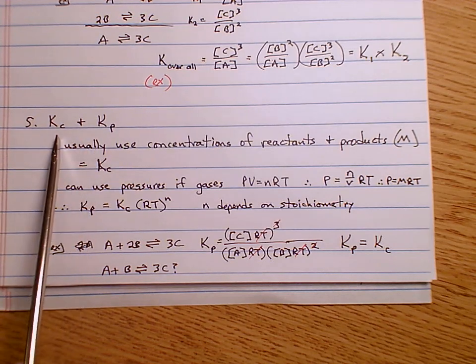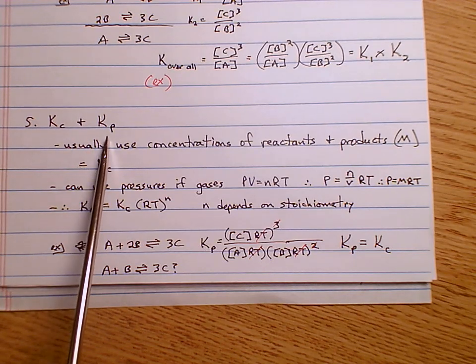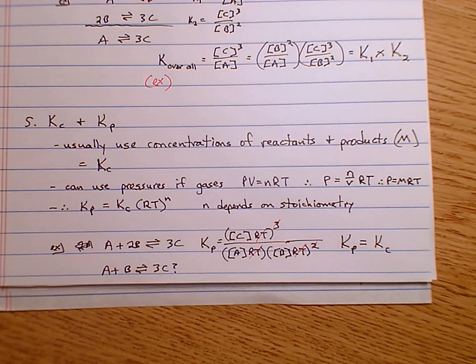They said you can actually calculate an equilibrium constant. Instead of using the concentration of everything in moles per liter, you can calculate an equilibrium constant just using pressure. If everything in your reaction is a gas, then you can use pressures and partial pressures and get an equilibrium constant using that.